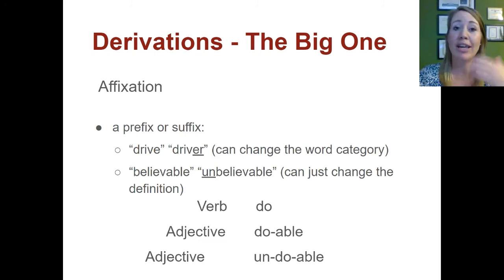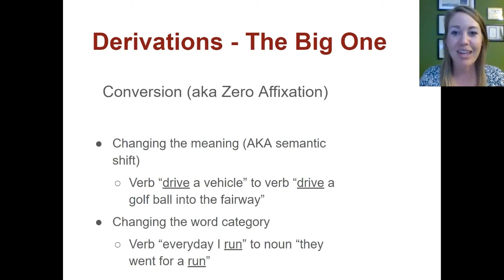So remember, when we create new words from existing words, we can change the part of speech and or just change the meaning. We changed the definition of believable when we added the affix un in front of it. Here are some more examples. We have the verb do, but when I add -able to it and make doable, it's now an adjective. I can say undoable and it's still an adjective. And if you're all overwhelmed, it's okay. We have future lectures dedicated to your understanding of this material.